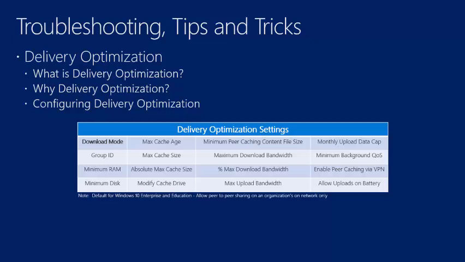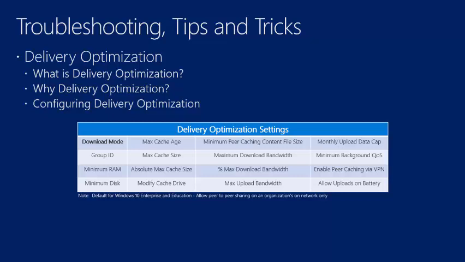So the one key setting above all the others is the download mode, which helps define how delivery optimization is going to download updates in your environment. There's a group ID where you can, similar to how you do with boundary groups and peer cache in ConfigMgr, assign systems by group ID and lump them together.